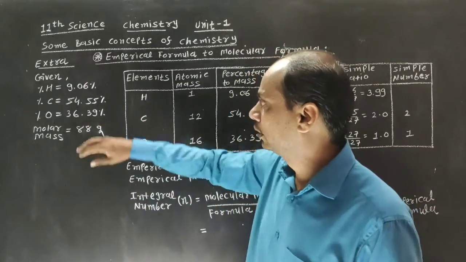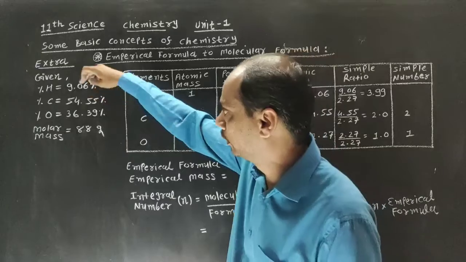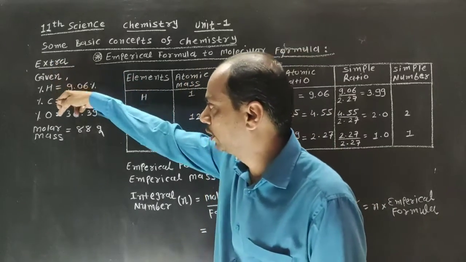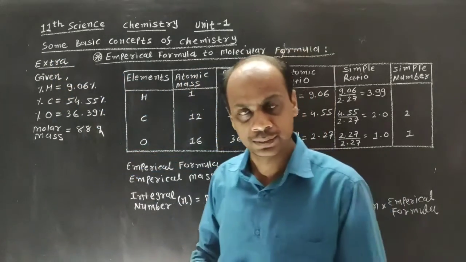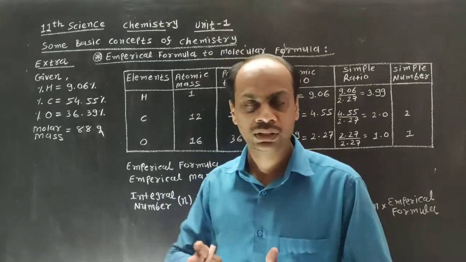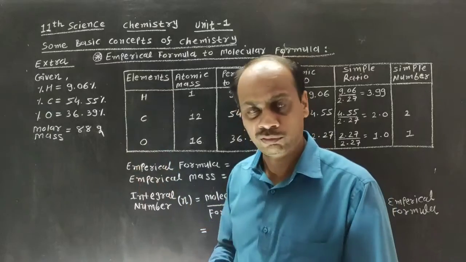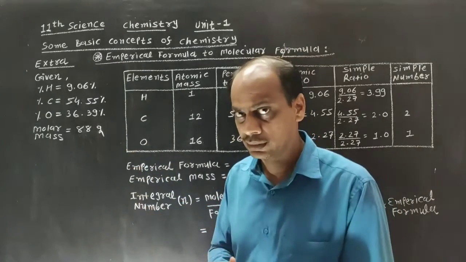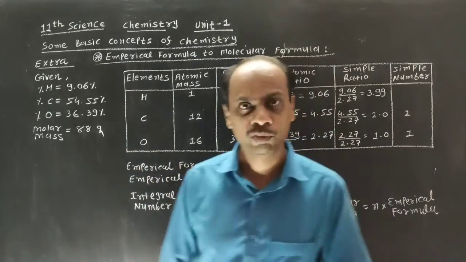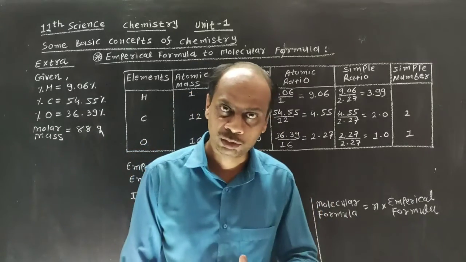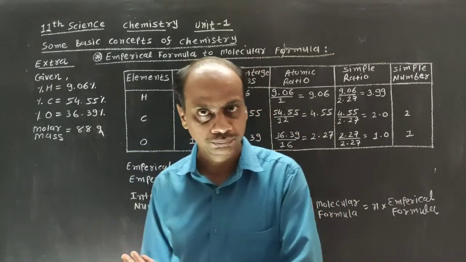Now, let us calculate one extra example. Here again we are given different percentages for hydrogen, carbon, oxygen and the molar mass. The question is similar to the earlier one: we are given the percentage of all these, the molecular mass is this. Find out the empirical formula and molecular formula for the same.